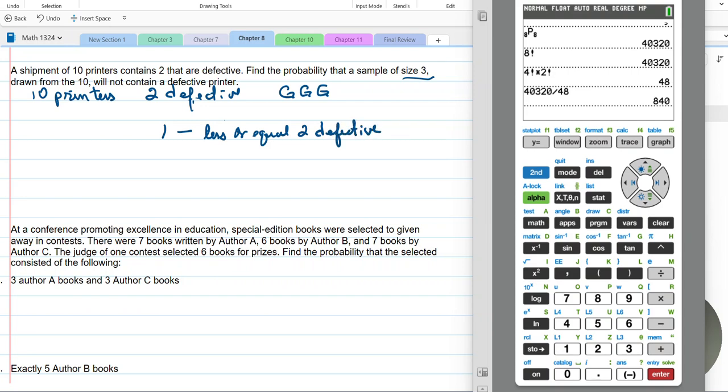Okay, because we want the probability that out of the 3, we're not going to have 2 defective or 1 defective.